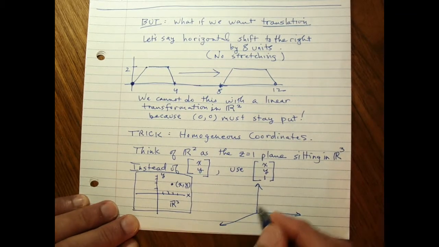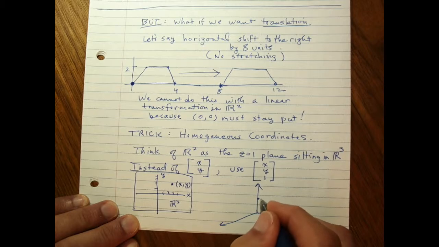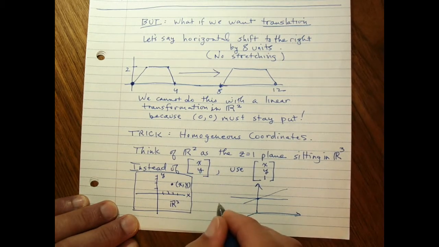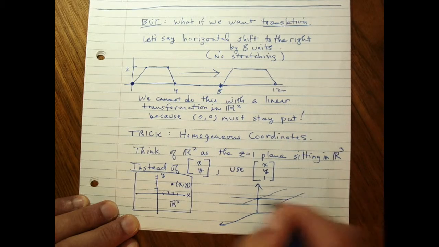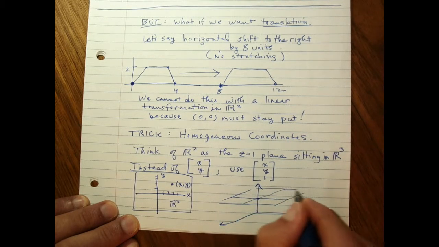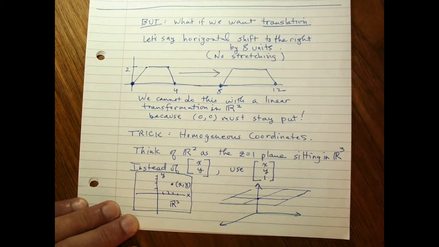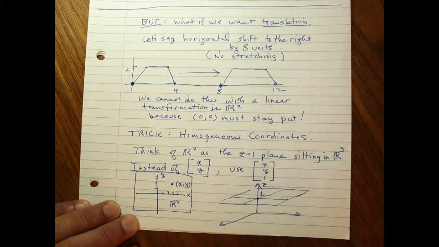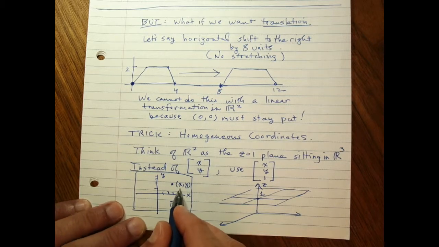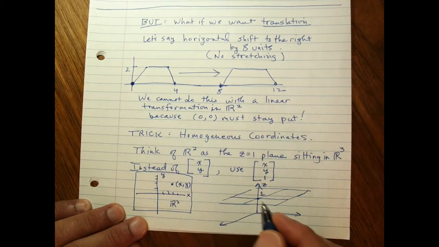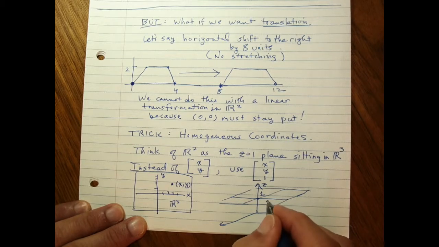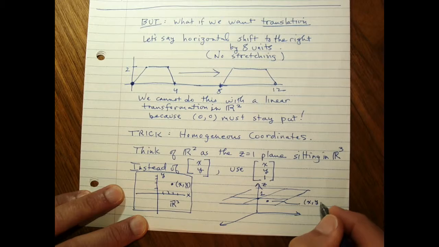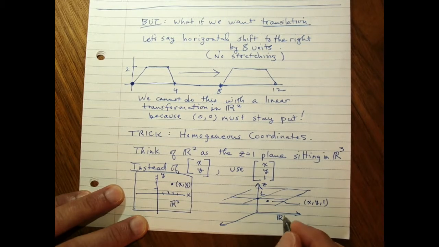we're going to work in space, go 1 unit up, and I'm going to try to use my artistic skills here to draw a horizontal plane, really just a copy of the z equals 1 plane, right? Or 1 unit up the z-axis. And so that point xy in R2 will correspond to some point (x, y, 1) in R3.